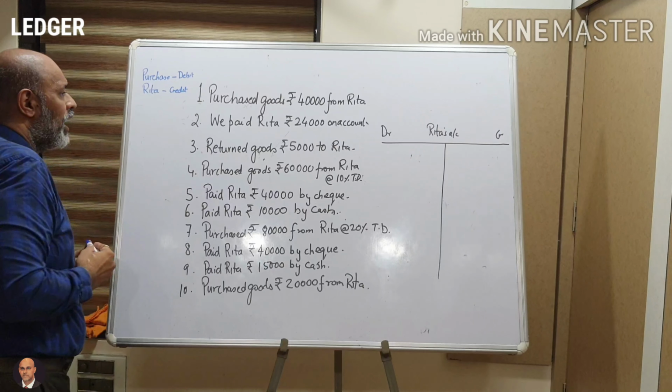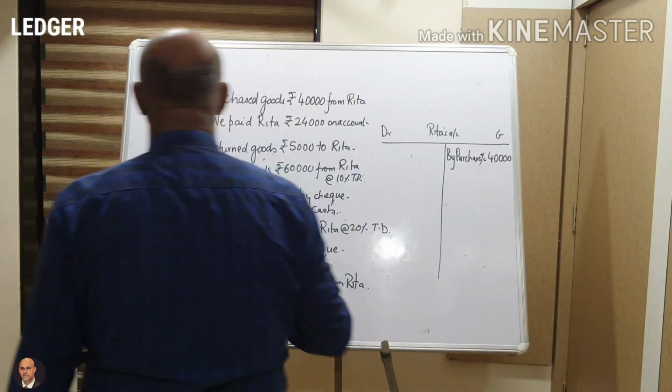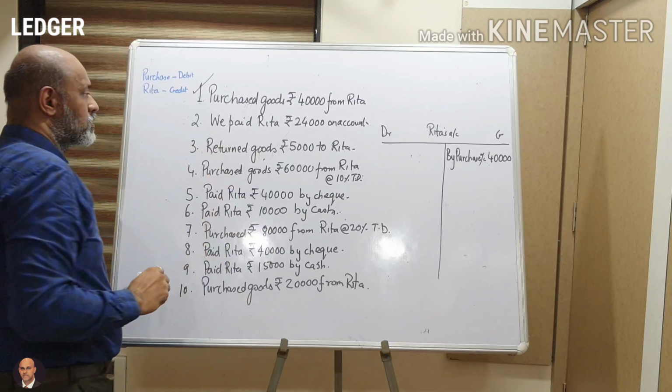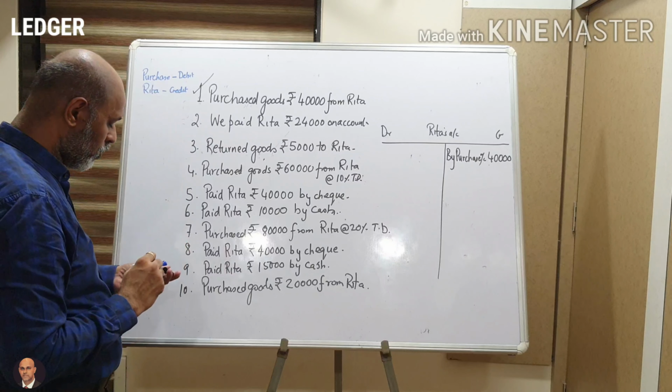So I go to Rita's account on the credit side, and I will write by purchase, and the amount being 40,000. By purchase account. Next, we paid Rita rupees 24,000 on account.